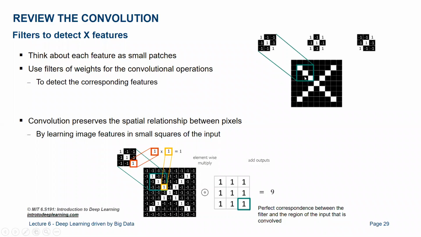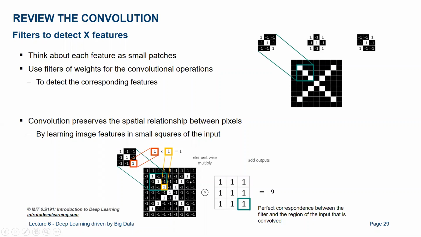So you have a feature here, which could be like this patch here. What you want to learn is a filter that will be able to detect this particular feature. So you need to learn different types of filters, which will be able to detect the presence of particular features. And once you detect the presence of particular features, then you're done, because then you're sure that what you get there is an X. The presence of an X is guaranteed. Of course, here the problem is: how do we learn these weights? How do we learn these filters? You see an example here.